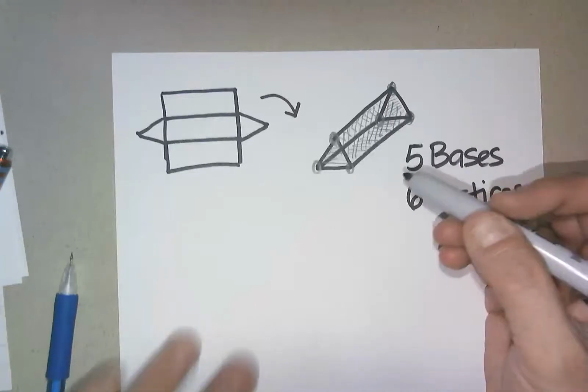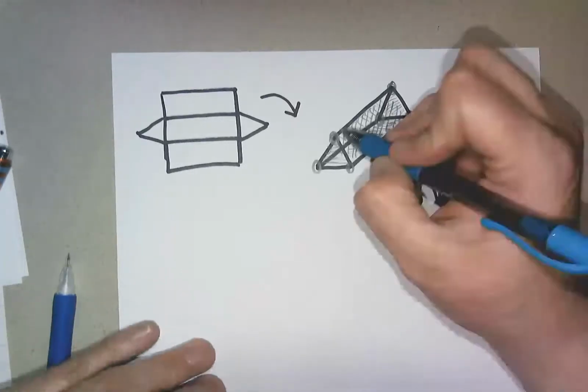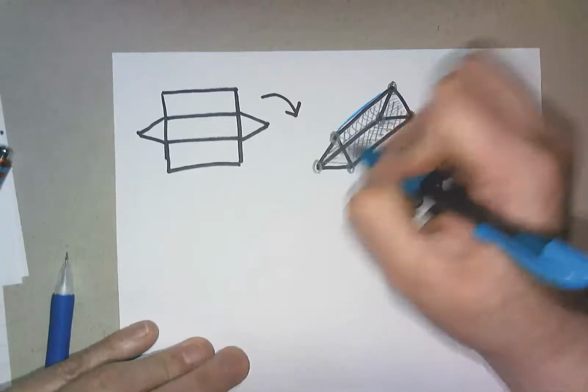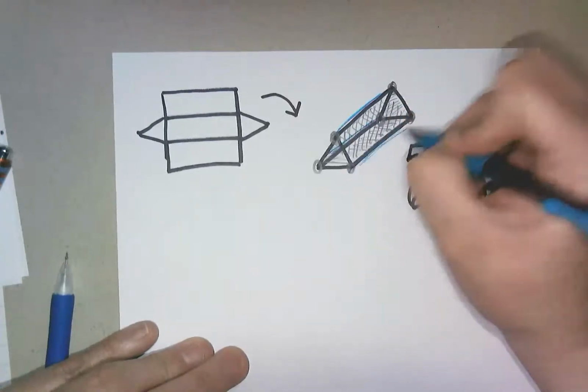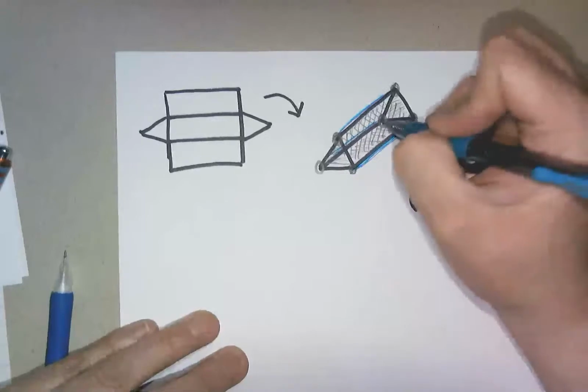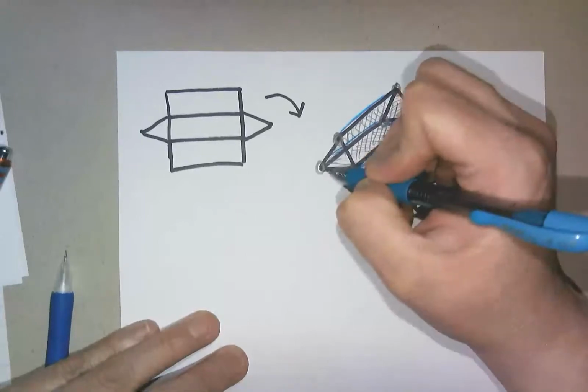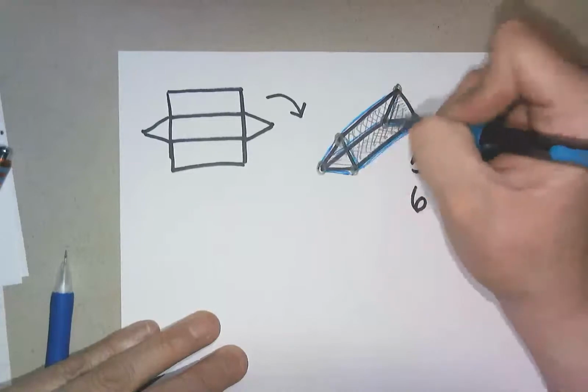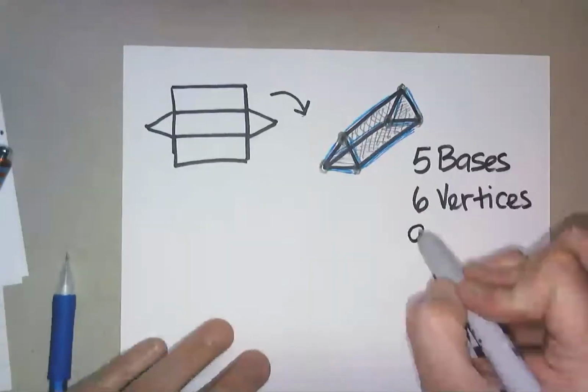Okay, our edges, let's take a look at that one. We've got 1 up here on top. We've got here 2. We've got here 3. 4 this way, 5 this way, 6, 7, 8, 9 edges.